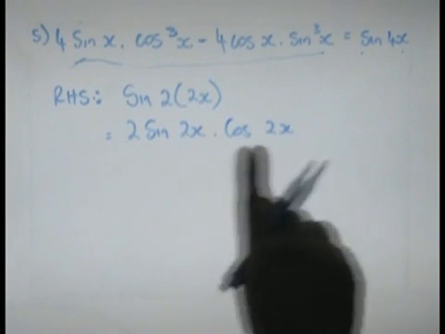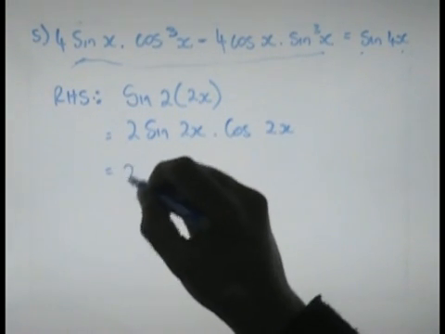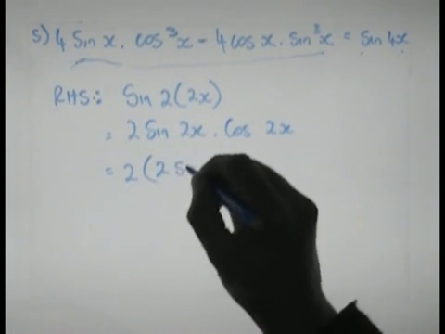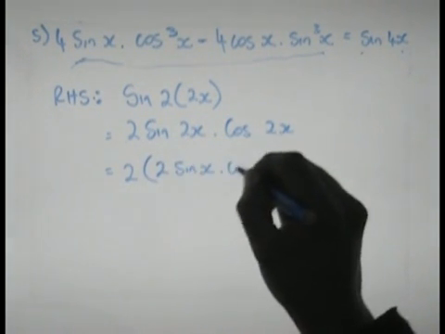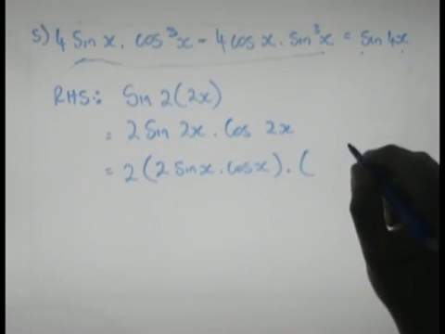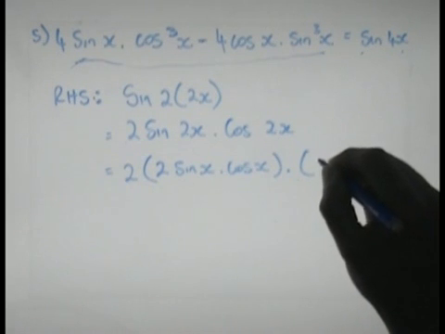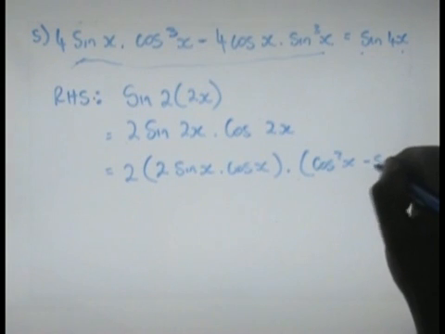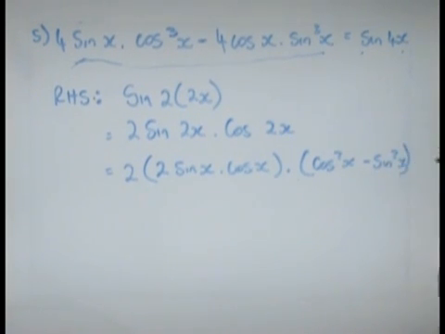But those two can be simplified. That's going to give me 2 sine 2x is equal to 2 sine x times cos x multiplied by cos 2x. I'm going to turn that for now into cos squared x minus sine squared x.